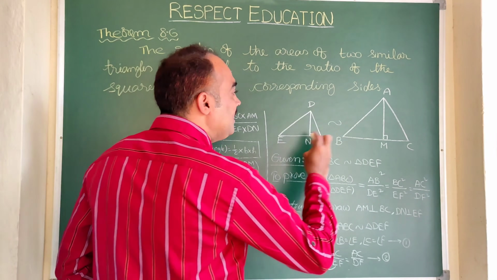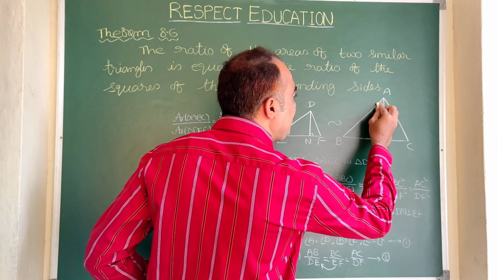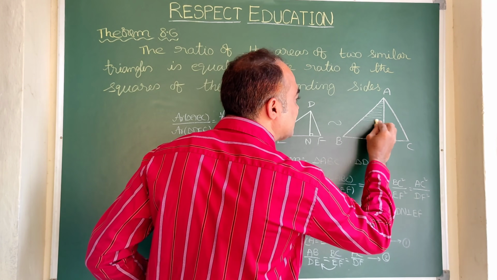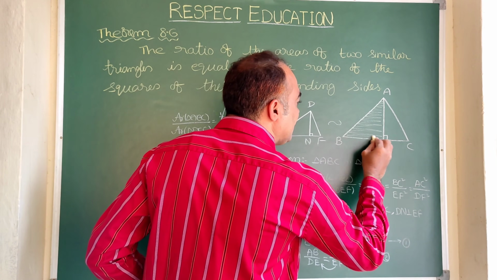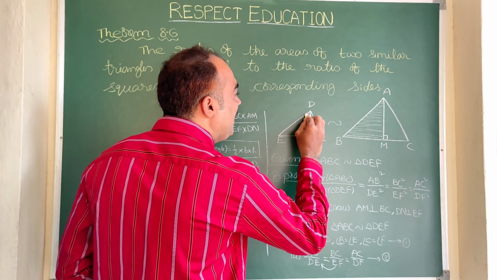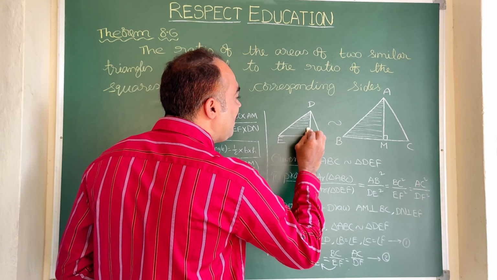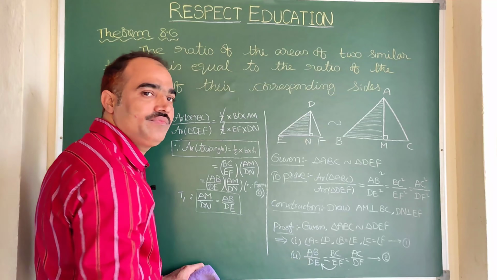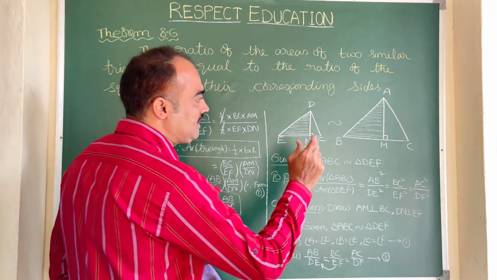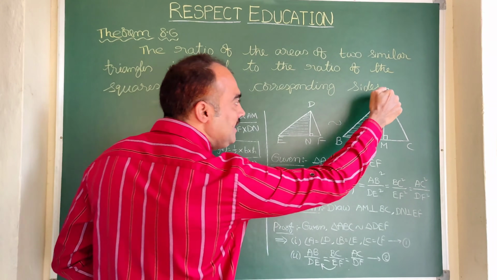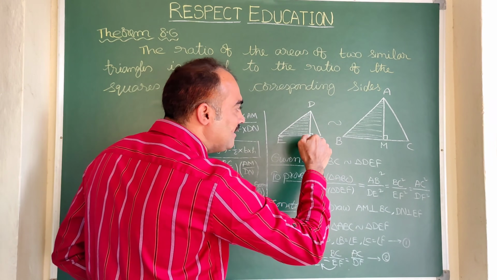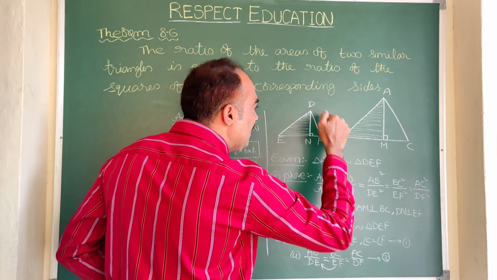Just observe, we have brought this problem into these triangles. Hope you are understanding. If we prove that ABM and DEN are similar, we get AM by DN equal to AB by DE.